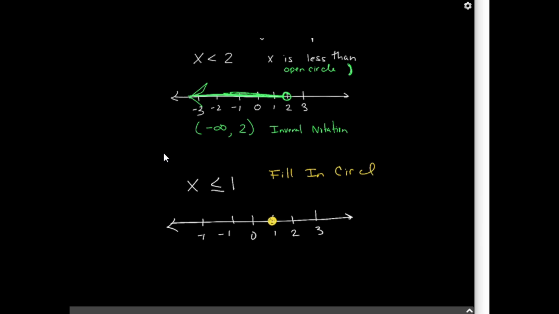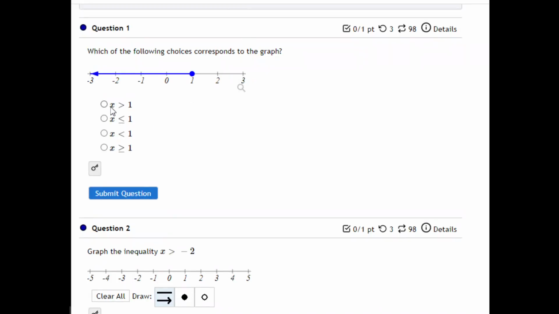I still use the arrow pointing in the same direction, so I'm still going towards the smaller side. So that is what that piece would look like. So let's match it up with the equation. So this would be an example of this is less than or equal to 1. Again, match the arrow up with whichever arrow it goes.